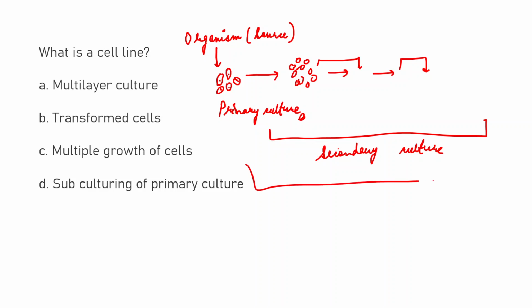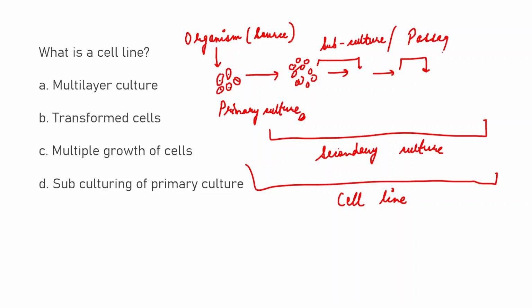And this is what forms your cell line. So continuously using some cells to start a new culture is referred to as subculture or passage.